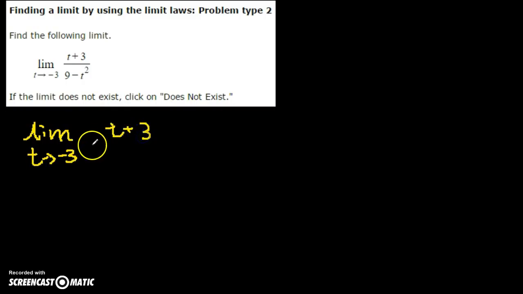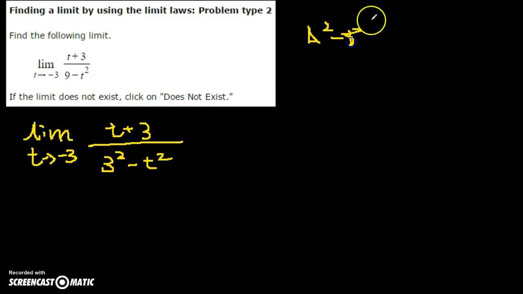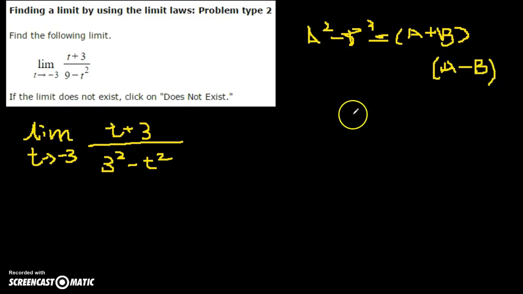However, the denominator 9 minus t squared can be rewritten as 3 squared minus t squared. If you have a squared minus b squared, you get a plus b and a minus b. This is one of the properties that you should remember.